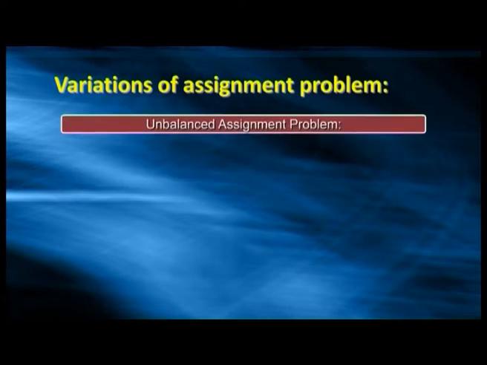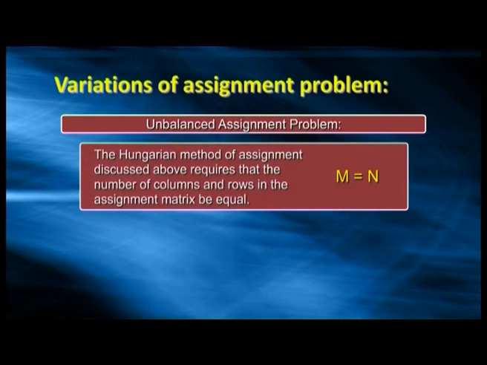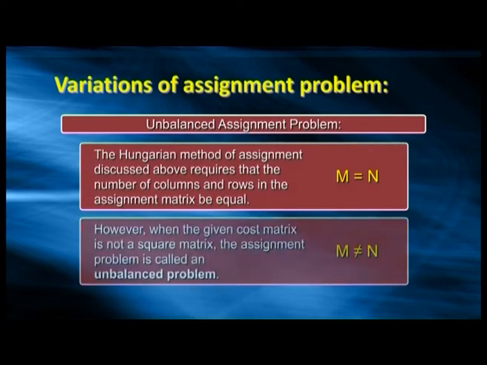Unbalanced assignment problem. The Hungarian method of assignment discussed above requires that the number of columns and rows in the assignment matrix be equal. However, when the given cost matrix is not a square matrix, the assignment problem is called an unbalanced problem.